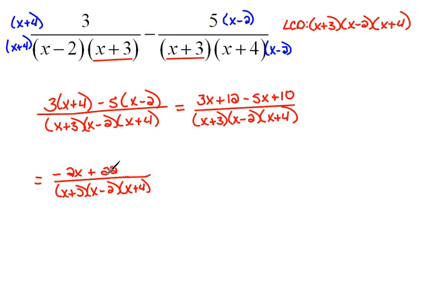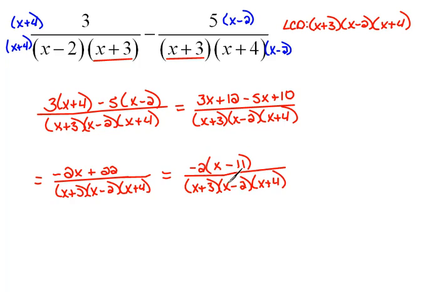Now, normally we would see if there's anything that will cancel here. But in order to see what will cancel, everything has to be fully factored. So in this numerator, I'm going to reverse distribute a negative 2. That means we'll have negative 2 times x minus 11 all over x plus 3 times x minus 2 times x plus 4.